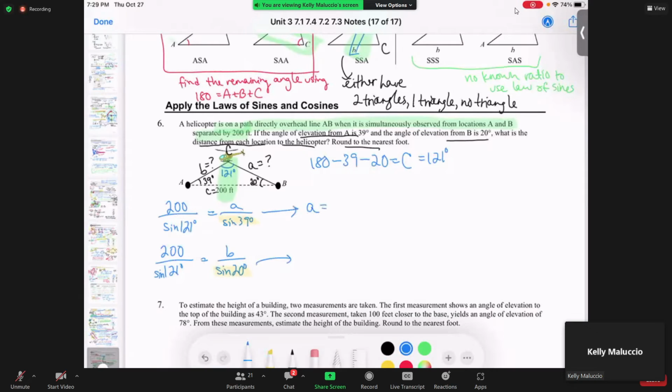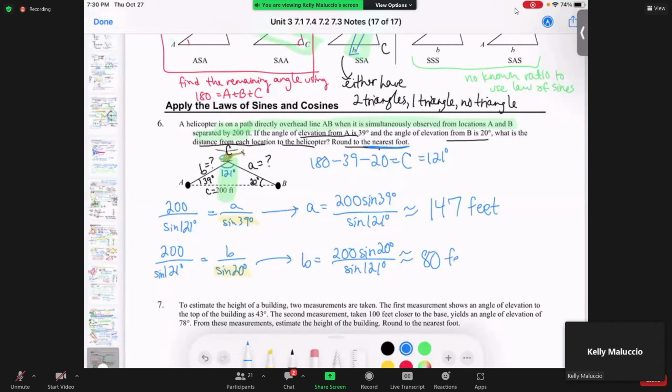So little a is 200 sine of 39 over sine of 121, and little b is 200 sine of 20 degrees over sine of 121 degrees. Remember, we round to the nearest foot, because that's what they're asking, and it's in feet. So when I round this, I'm getting 147 feet for little a and 80 feet for little b.